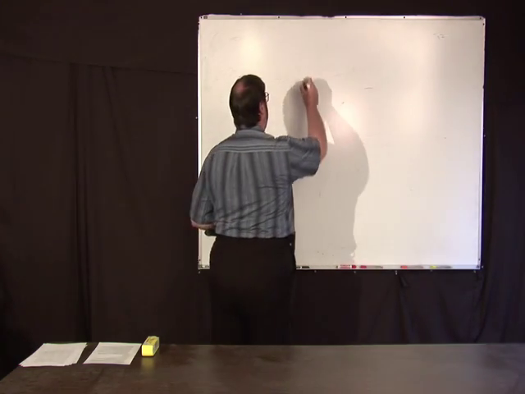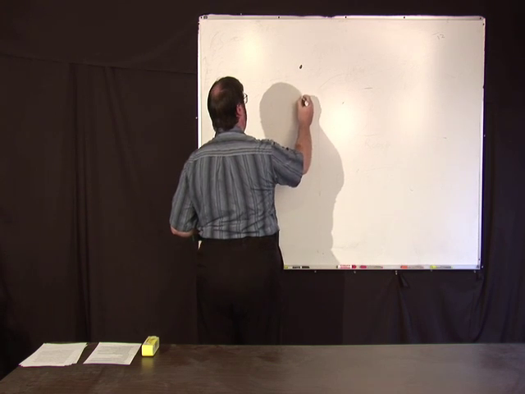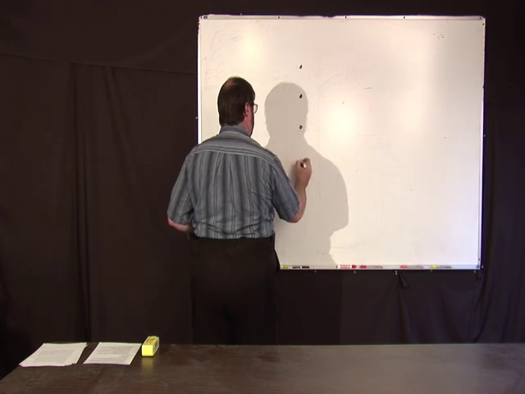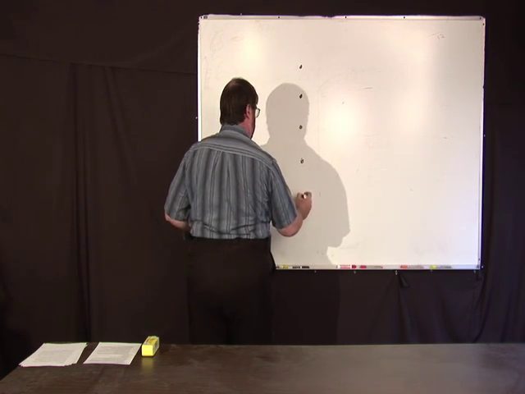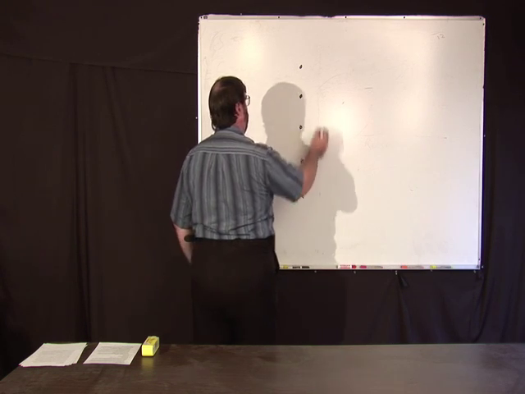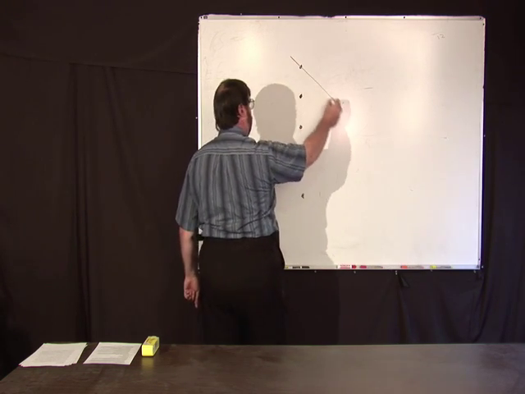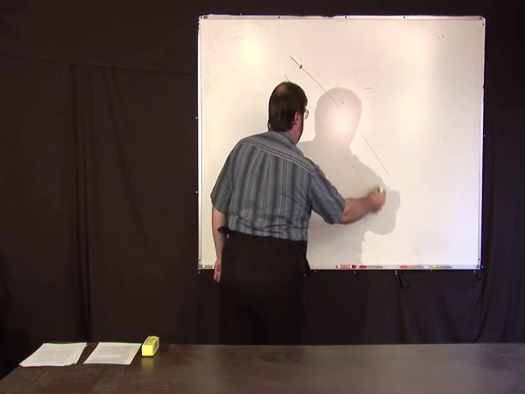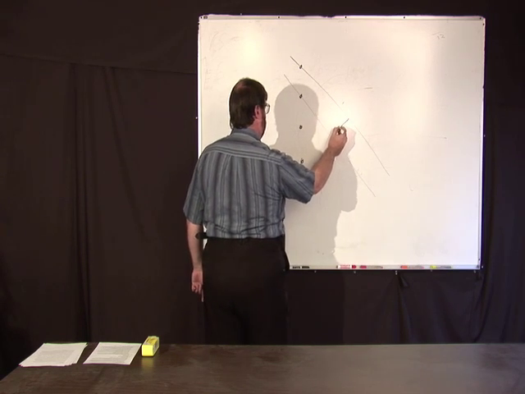Let's say you have an array of isotropic receivers, or radiators. It doesn't matter. You can do the argument either way. Now let's say you have some plane wave front coming in, moving in this direction.